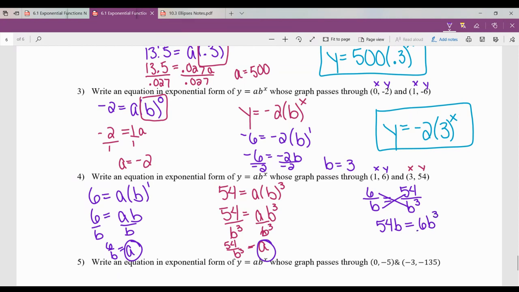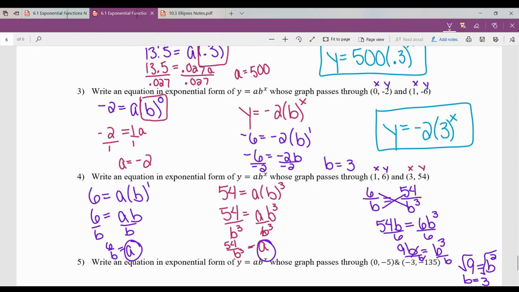So I can divide both sides by 6. So I have 9b equals b to the 3rd. I can divide both sides by b to cancel out a b. So I get 9 equals, and if I have b to the 3rd over b, that's going to be b squared. I take the square root. B is going to equal 3.